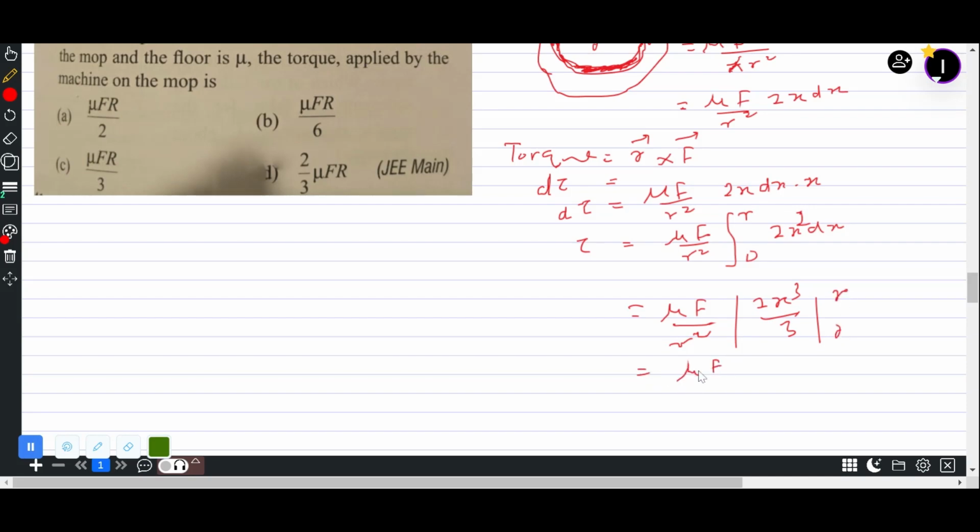That becomes mu F into 2 r cube over 3 r square. So what we get is 2 by 3 mu F R. I was using small r, it's actually capital R, the radius. So please ignore me on that.